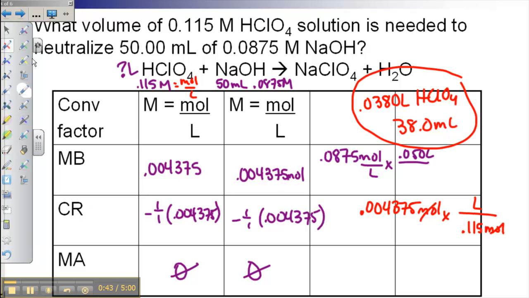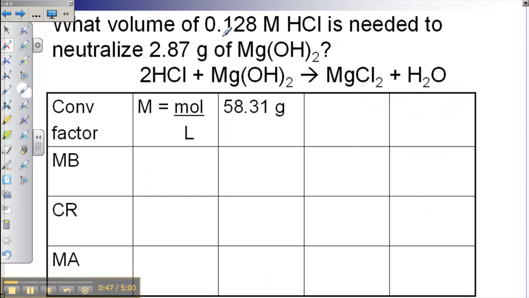Alright, so let's look at another one. What volume of 0.128 molar hydrochloric acid is needed to neutralize 2.87 grams of magnesium hydroxide? Here we have 2.87 grams, which is why we have molar mass as our conversion factor, and we have 0.128 molar hydrochloric acid, and we're looking for volume in liters or milliliters, so we have to use our molarity formula here.